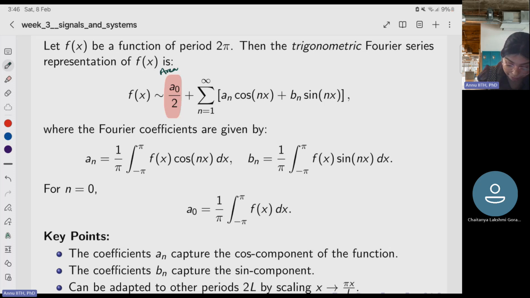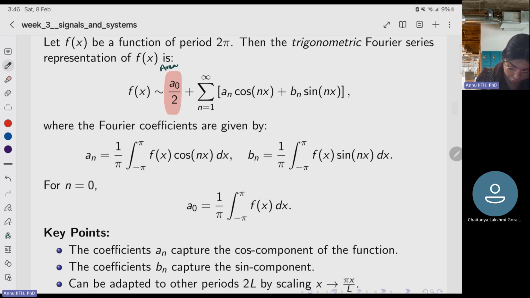Even if you multiply by 2 here, or remove the 2 from here, it is area: integration over minus pi to pi, that is, integration over one period, of f(x) dx. Whereas for the even term, you do 1 by pi, minus pi to pi, f(x) cos nx dx. For every signal, you need to write it in this particular form.